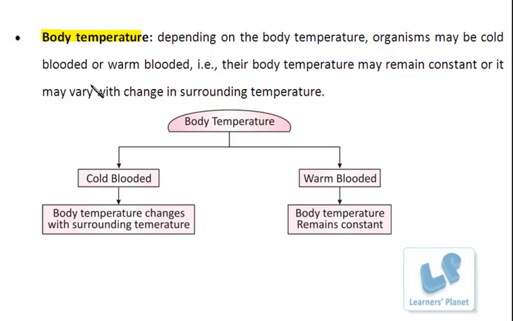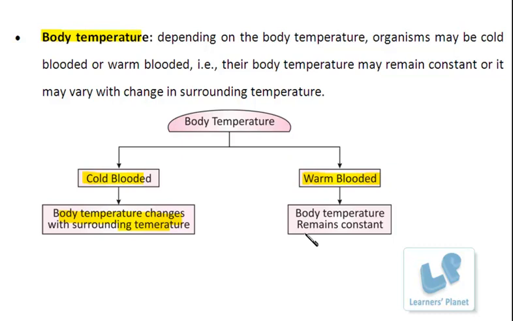So depending upon this property, these vertebrates are of two types. They are cold blooded, or they can be warm blooded. Cold blooded are those organisms in which the body temperature changes with the surrounding temperature, whereas warm blooded organisms are those in which the body temperature remains constant.